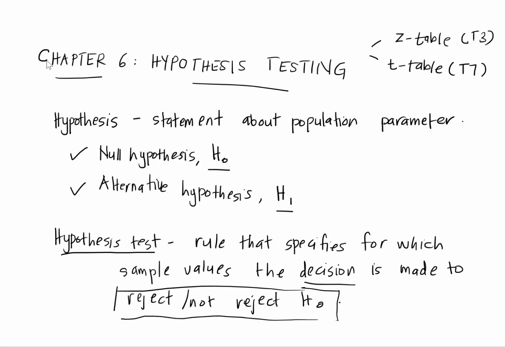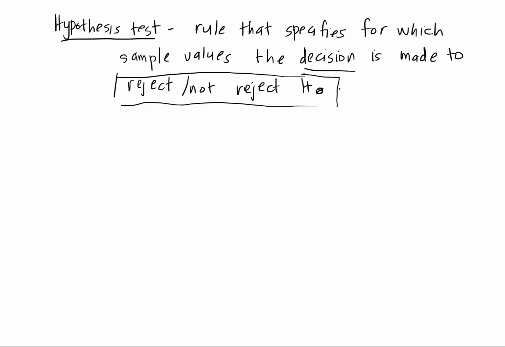That means in this topic, our aim, our final solution, is to make a decision to reject or do not reject the H naught. In this H naught, we usually have the equal sign.